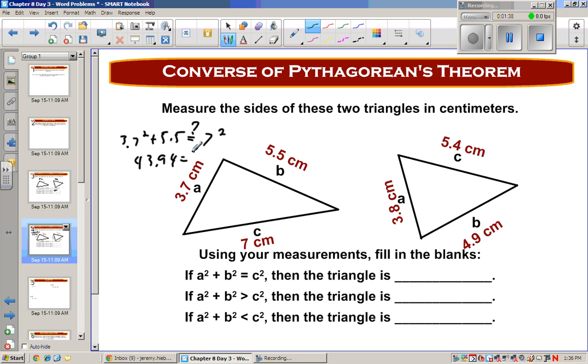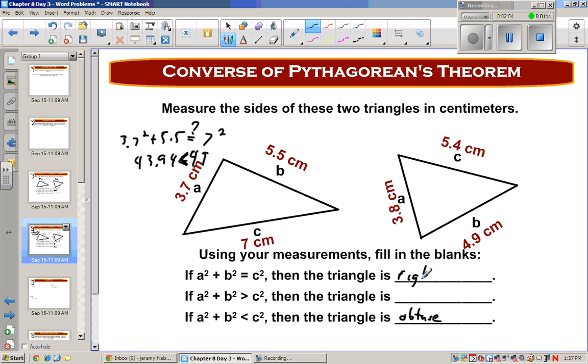Now 7 squared I do know is 49, and that's not equal; 49 is bigger. So if a squared plus b squared is less than that, it creates an obtuse triangle. I like to think of it as C is so big that it makes the triangle obtuse.